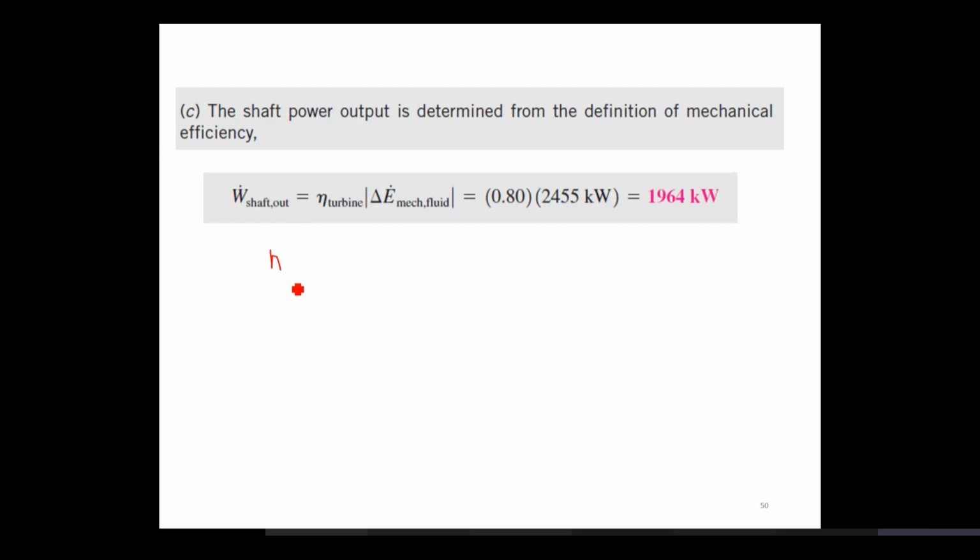The formula for turbine efficiency is the work shaft out divided by the change in mechanical energy of the fluid. You already know the change in mechanical energy of the fluid. You have calculated the efficiency of the turbine. You just multiply the two and you will get the shaft work extracted out of this much mechanical energy of the fluid. Clear? So I'll stop over here.